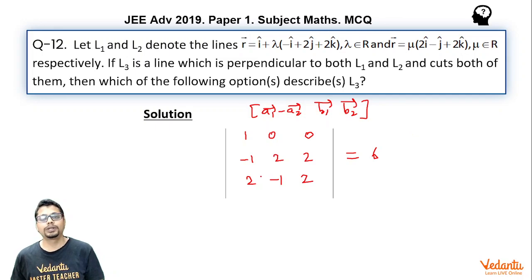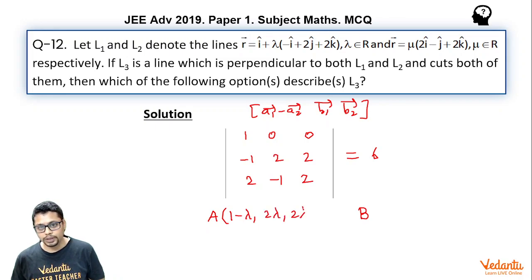So that means these two lines are skew lines. Since they are skew lines, as we have already commented, line L3 would be along the shortest distance between the two lines L1 and L2. It will be a unique line which passes through a point A on line L1 and a point B on line L2. The coordinates of point A on line L1, I may consider to be 1 minus lambda, 2 lambda, 2 lambda.